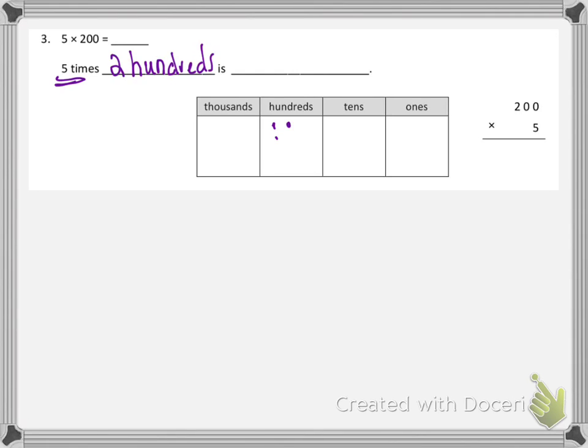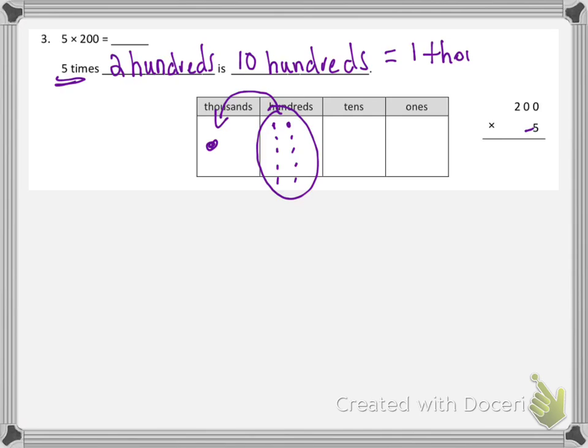So that's 1, 2, 3, 4, 5. So when we get 10 hundreds, we can cash this in for 1,000. So 5 times 2 hundreds is 10 hundreds, which is equal to 1,000.